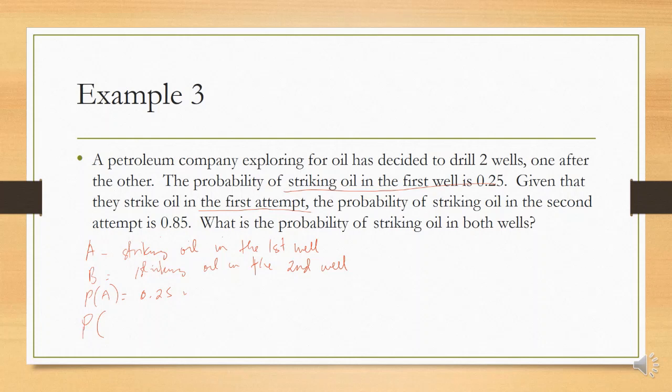Sa notation, ang itsura niya ay ganyan, 0.85. Diba? The probability na nakastrike tayo ng oil sa second attempt, given that we strike oil on the first attempt, no, ay 0.85. Okay? Now, ang tinatanong ay the probability of striking oil in both wells.